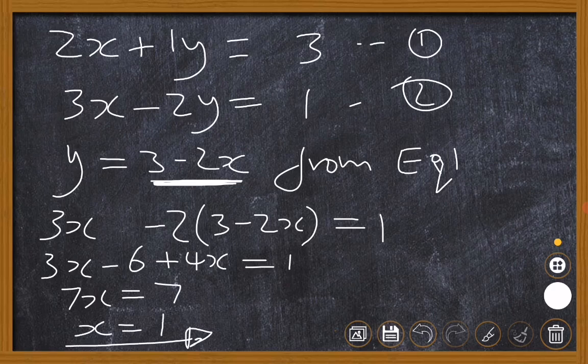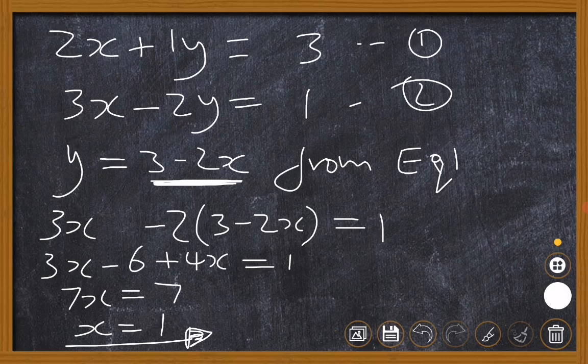Look at that. I thought we were going to get something like 1 point something or a fraction. So now we know x is equal to 1. Now we just need to solve for y.